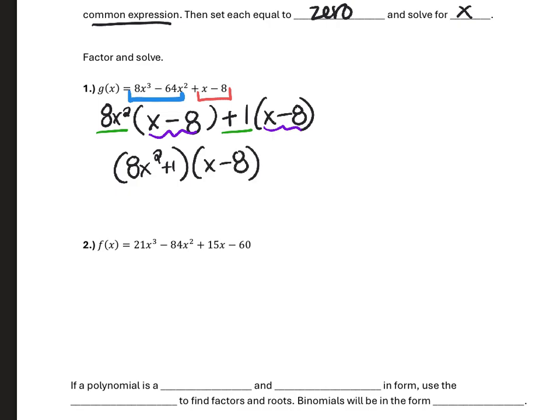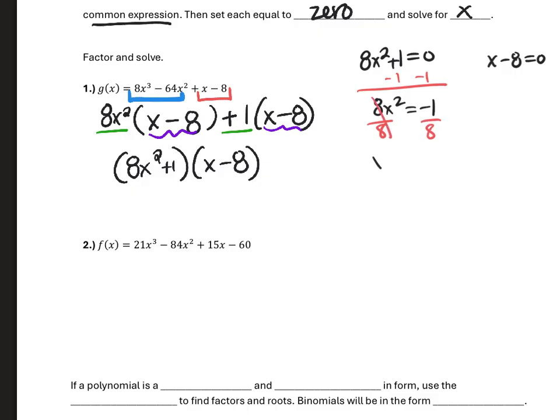So that's my factored form. And then to solve, I set each of these equal to 0 and solve. So I'll have one that's 8x squared plus 1 equals 0. And then my other one will be x minus 8 equals 0. So to solve this one, first I subtract 1 from both sides, which gives me 8x squared equals -1. Then I divide by 8, and I get that x squared equals -1/8.